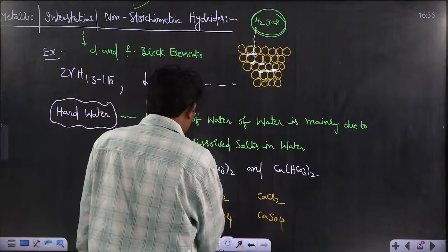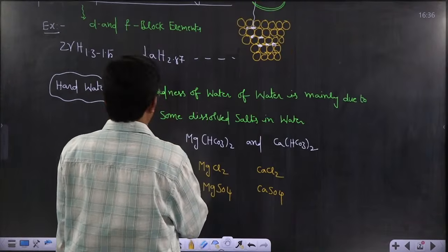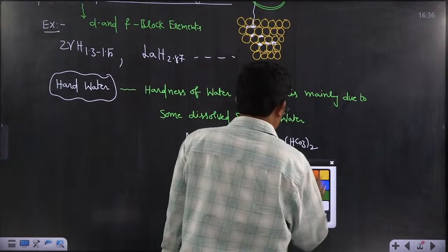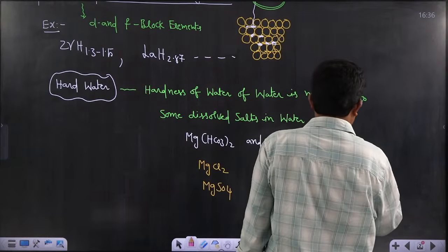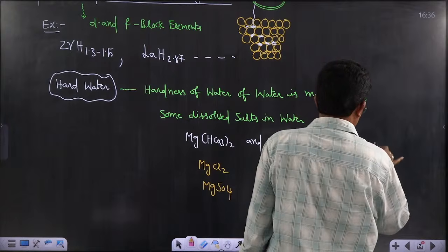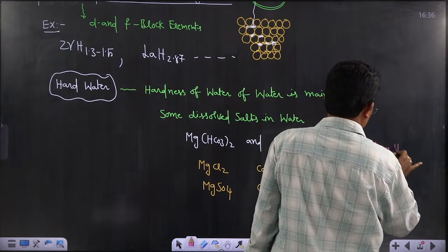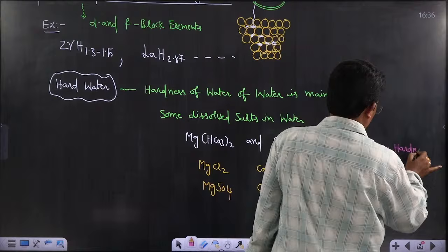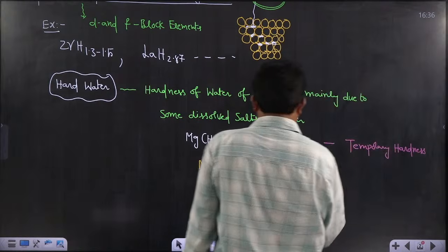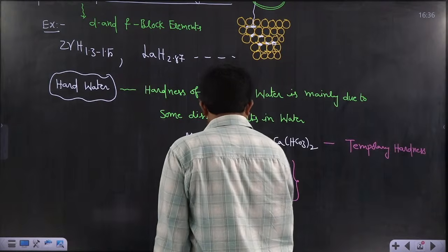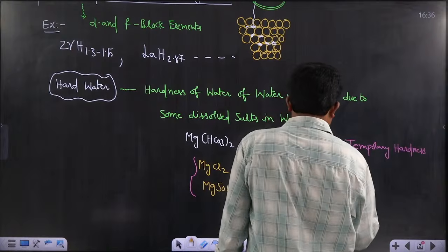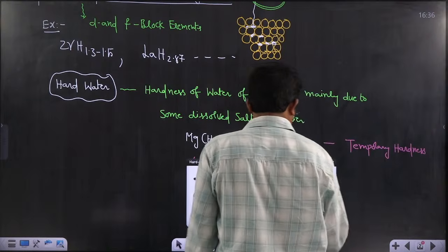Okay, here bicarbonates cause temporary hardness, chlorides and sulfates cause permanent hardness.